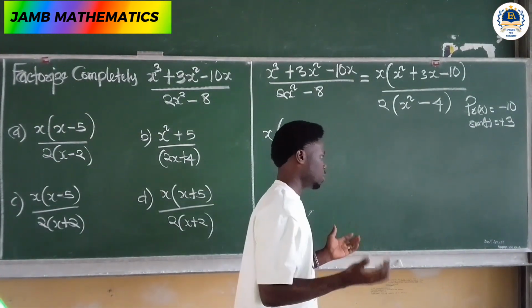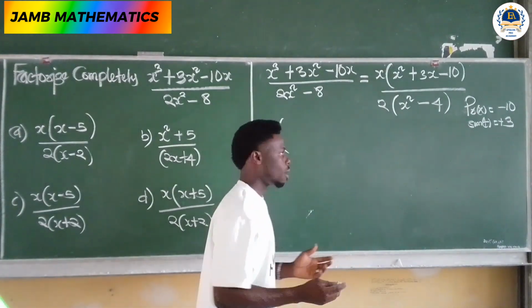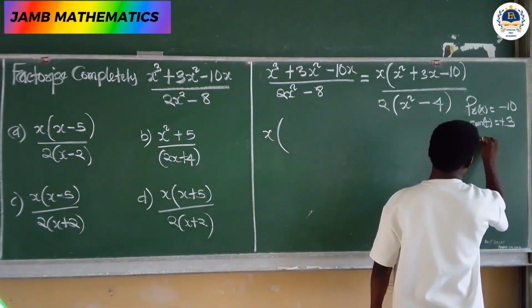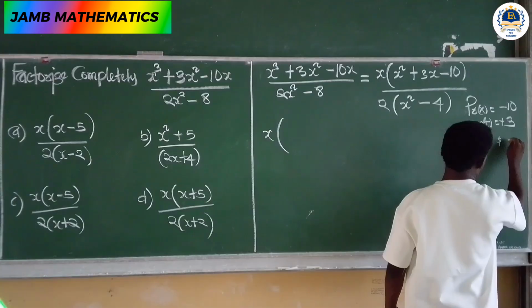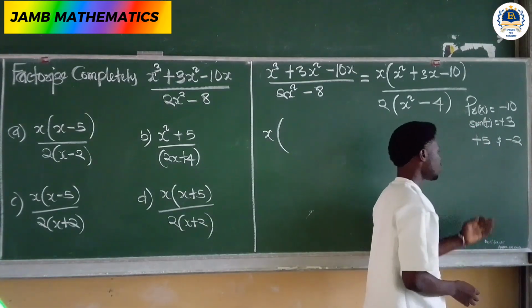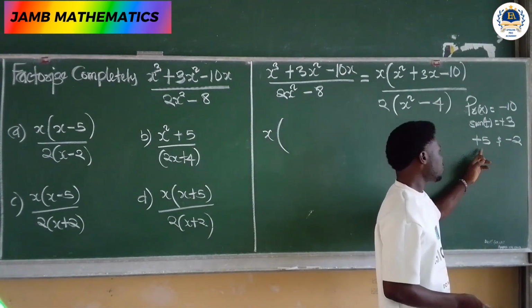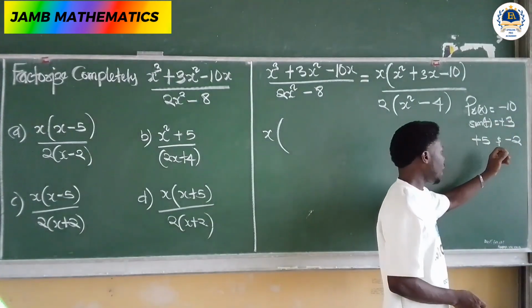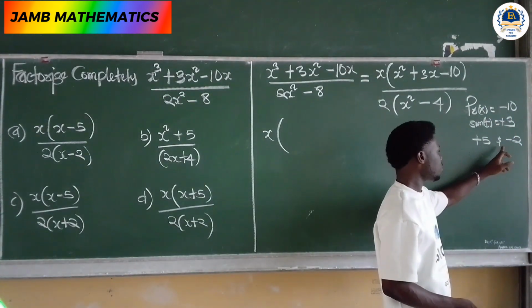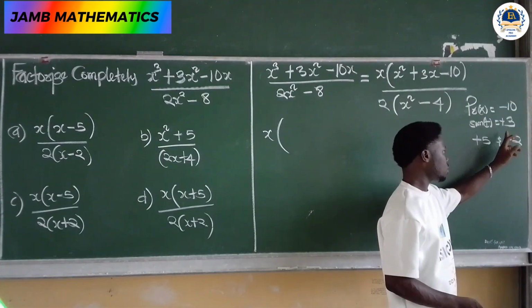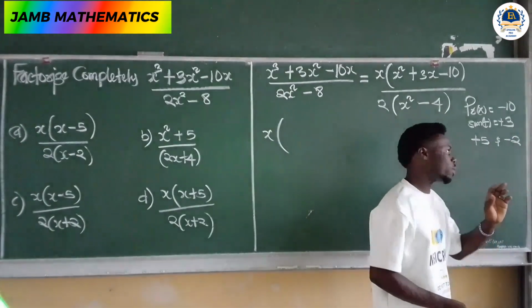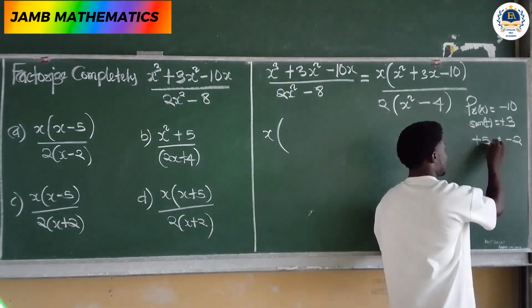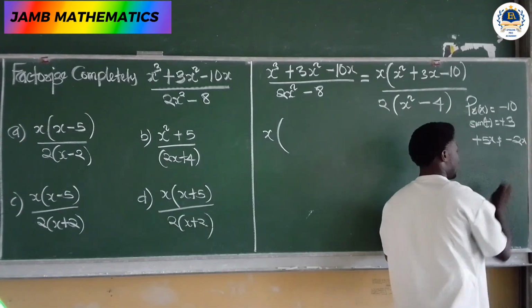The two numbers are plus 5 and minus 2. Plus 5 times minus 2 gives minus 10, and plus 5 minus 2 gives plus 3. So the two numbers are 5x and 2x.